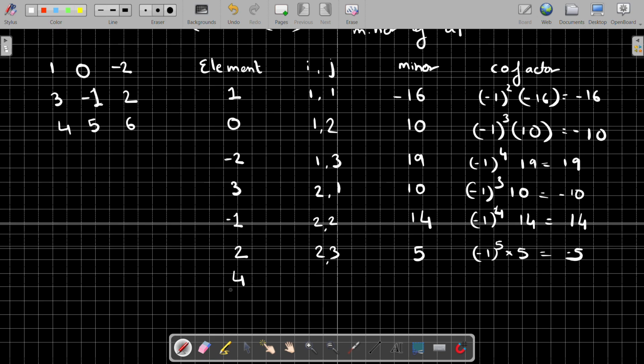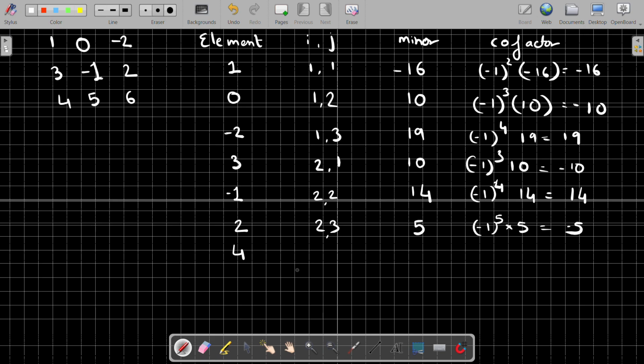Element 4, position 3 1, the minor is -2, the cofactor is -1 power 4 into -2. That will give us -2 again.